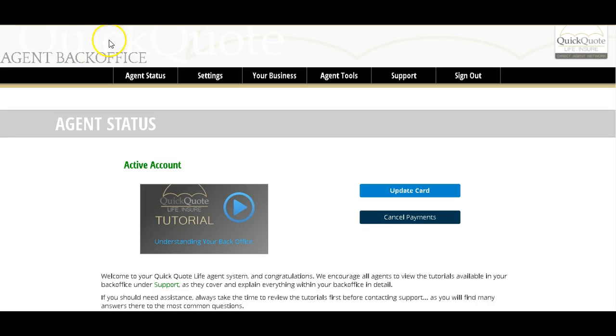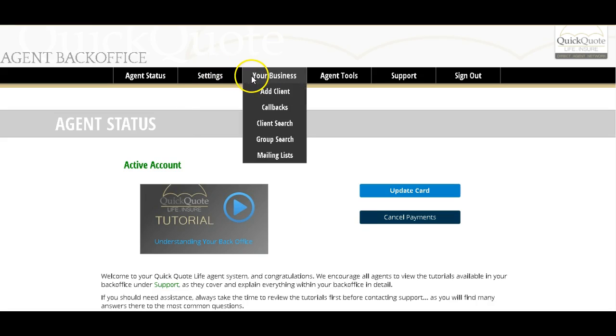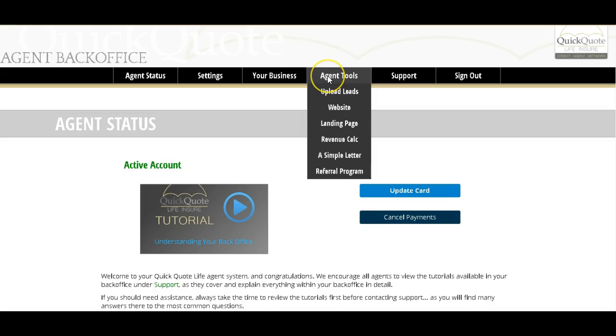Okay, so this right here is a quick quote. Now in this tool, there are many things that are available. Right now we're in the agent back office. As we go through here, you can add a client. So it's a CRM. You can set your callbacks. You can do client search, and you can also send out emails. Now in Agent Tools, you can upload your leads.